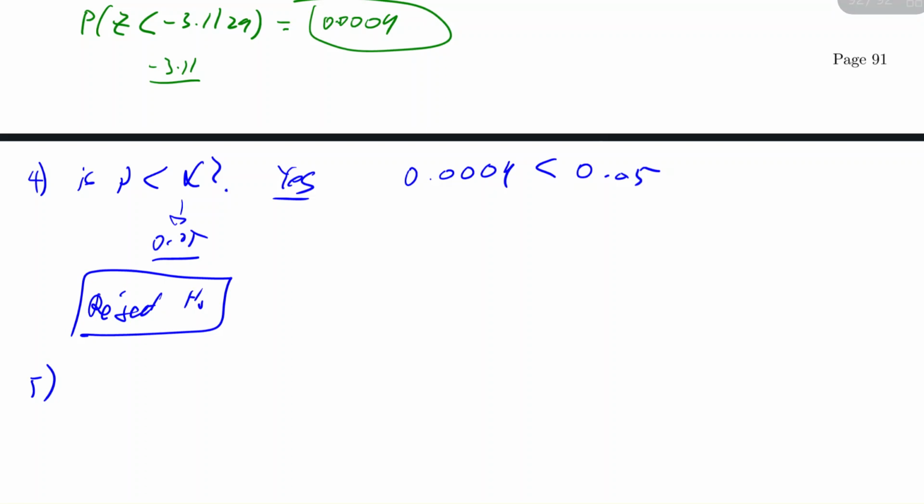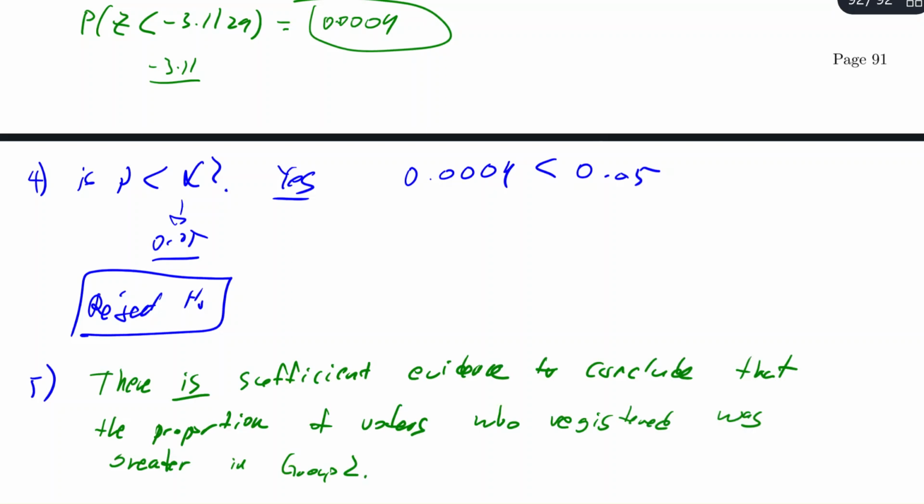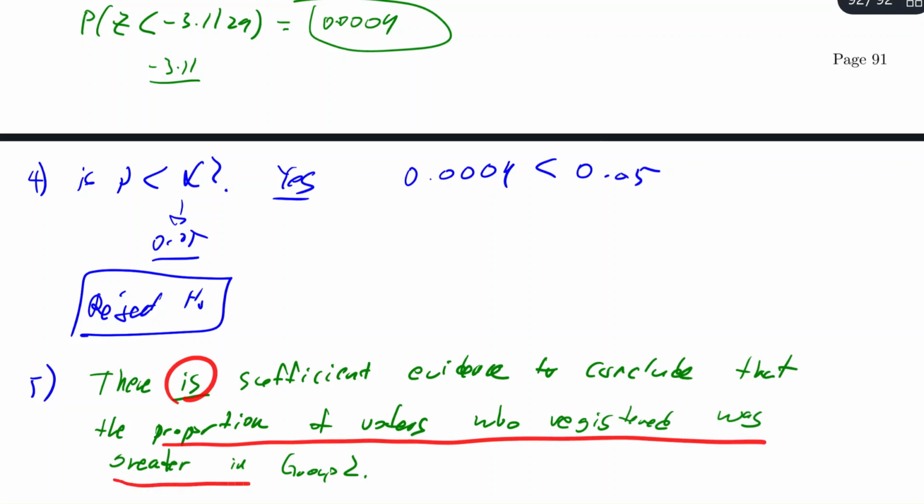So the final conclusion is there is sufficient evidence to conclude that the proportion of voters who registered was greater in group 2, the group who had reminders, because we reject H naught. Remember, the conclusion is always this idea: reject this or do not reject. Since we rejected H naught, we have enough evidence to support H1, which is the proportion of registered voters was greater in group 2.